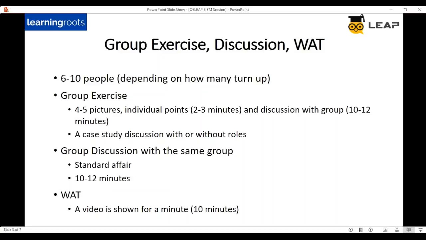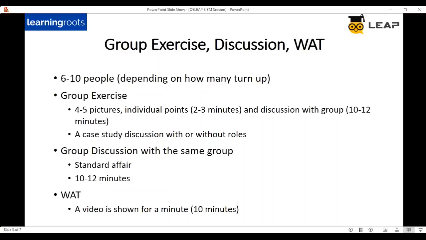So I'll just quickly go through the group exercise discussion back. What I've done here is I've listed down the processes that have been there for the last 3 to 4 years. So you may or may not have some part of it. Your exercise will have 6 to 10 or 12 people. They will give you 4 to 5 pictures and you will be asked to talk about it individually and then discuss it among the group.